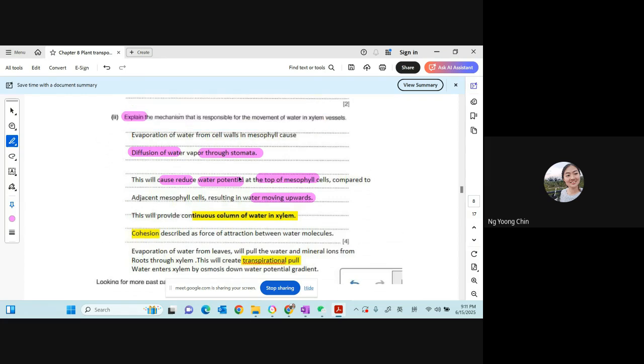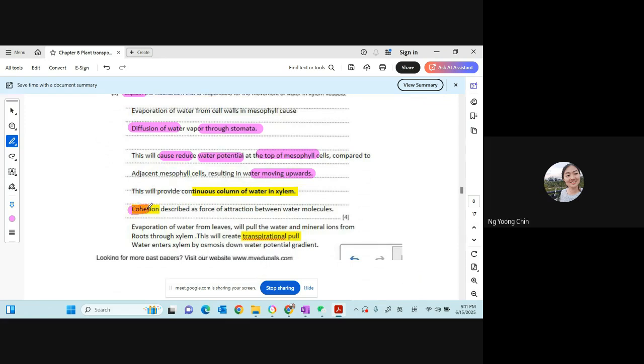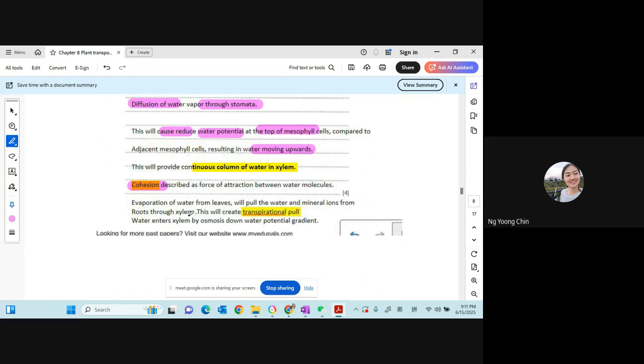Okay, so you write about the evaporation, you write about the mesophyll cell and how it reduces its water potential, and then you write about cohesion. Cohesion is the force of attraction between the water molecules. So the water molecules will stick together when they move along the xylem vessel. Because of this evaporation of water from the leaf, it will pull the water and mineral ions from the roots through the xylem.